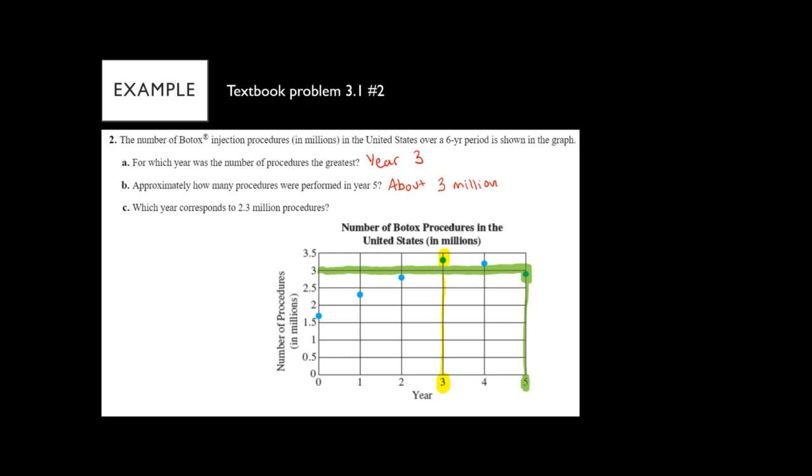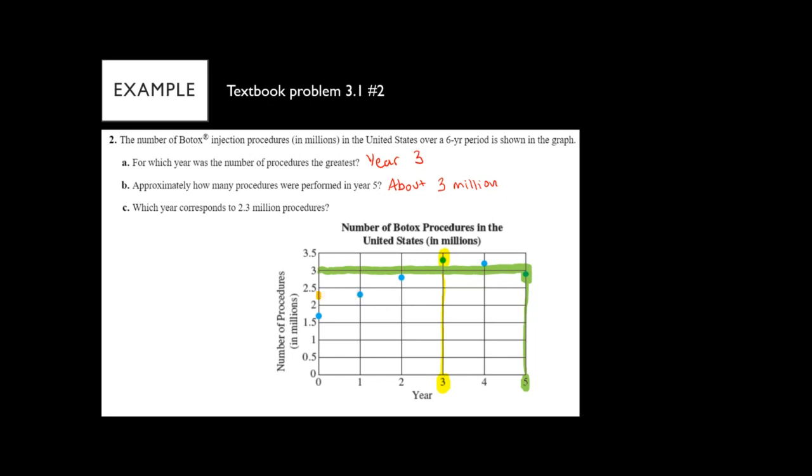In which year corresponds to 2.3 million procedures? So 2.3, I have to sort of estimate, is somewhere about there. Halfway between 2 and 2.5 is 2.25. So you need to sort of know your fractions and those divisions. So if I work horizontally, this is a really terrible horizontal line.